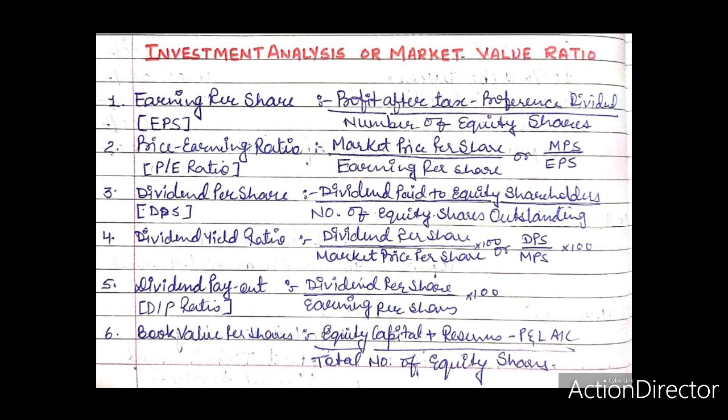A high book value indicates that a company has higher resources and is a potential business candidate. A low book value indicates a liberal dividend and bonus policy or a poor track record of profitability. Book value is considered less relevant for the market price as compared to earnings per share.